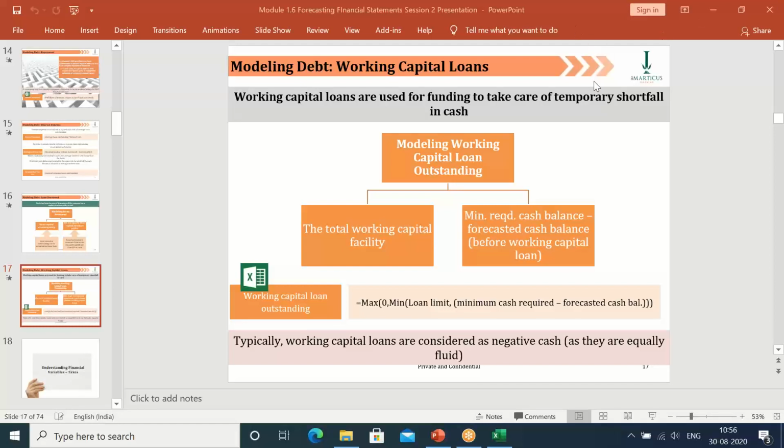So forecasted cash flow statement बनाएंगे, उससे आएगा. Okay, okay, understood.